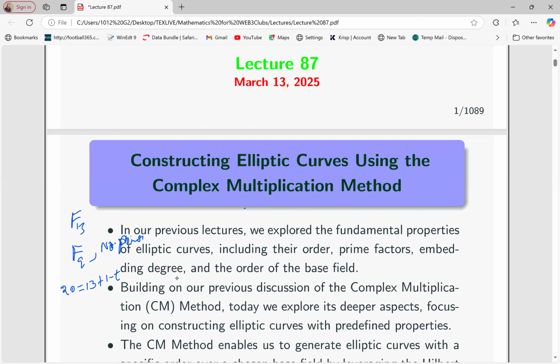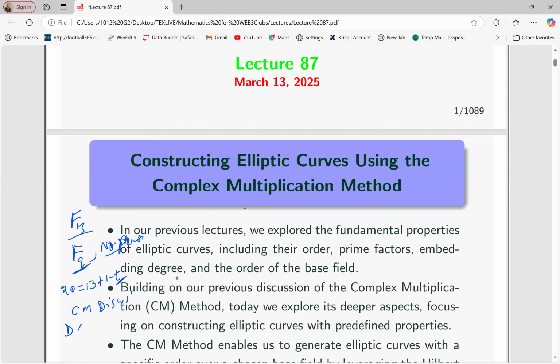Once you calculate the trace, you will proceed and get the complex multiplication discriminant. That's what we saw yesterday and the day before. After you've chosen your field Fq and the number of points that you want, and then you have your t, you proceed and find the discriminant D. There are some properties that the discriminant must meet.